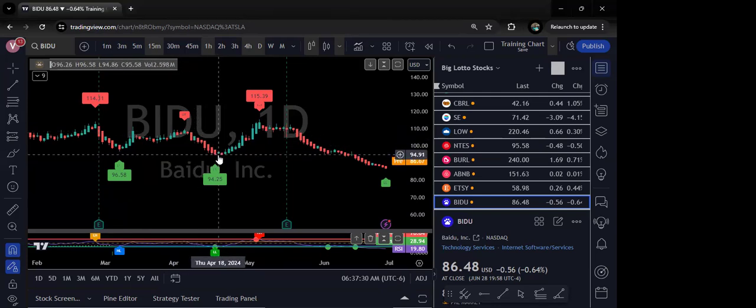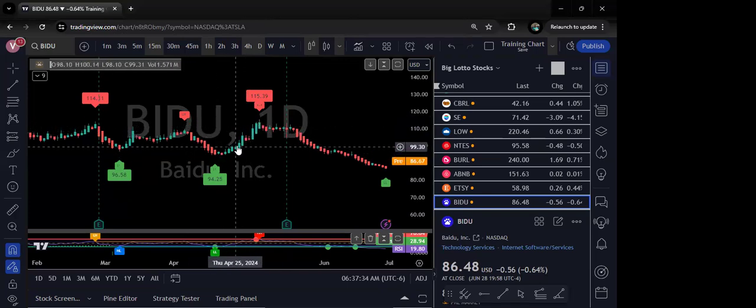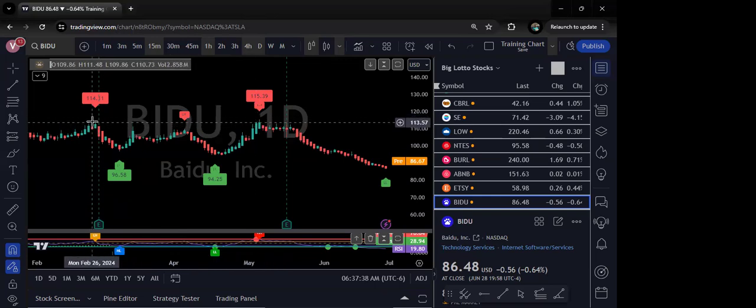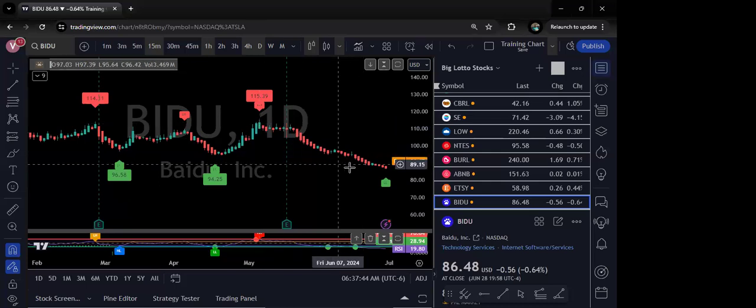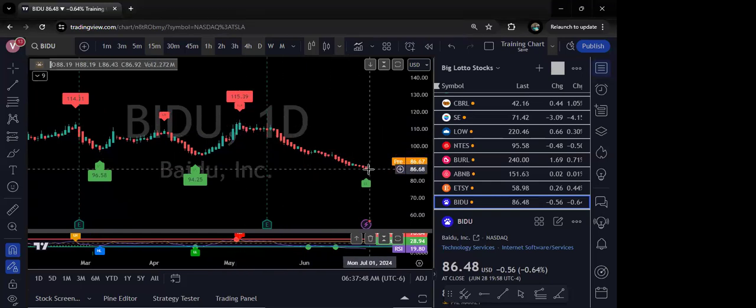Then from mid-April all the way to the end of April into May, we were having this bullish move. We know it slightly broke 114, 115, we had like a double top. Then it's been trending down the entire time. So from May all the way to now, this stock has been trending down.